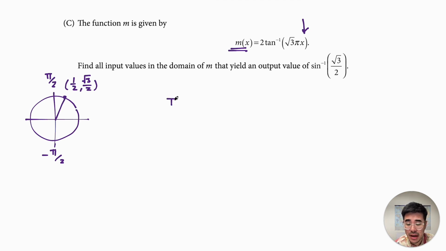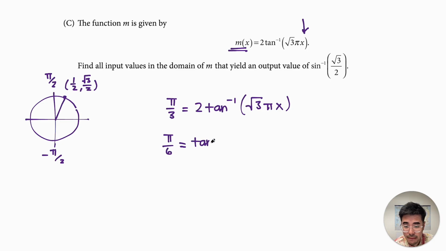So I'm going to say pi over 3 is going to equal 2 tan inverse of root 3 times pi x. If I divide both sides by 2, I get pi over 6 equals tan inverse of root 3 pi x. So with this formula now, to cancel out this tan inverse, I could take the tangent of both sides.